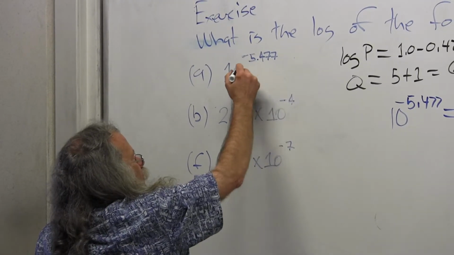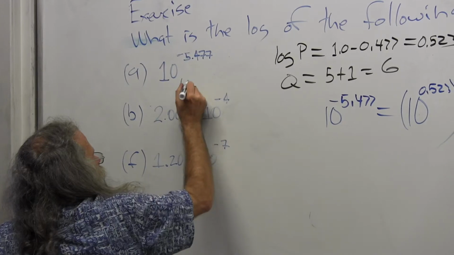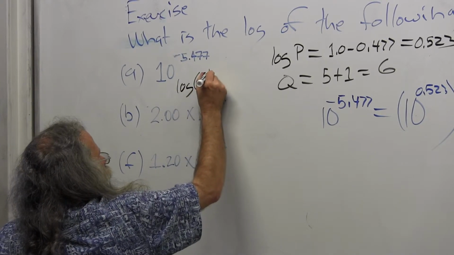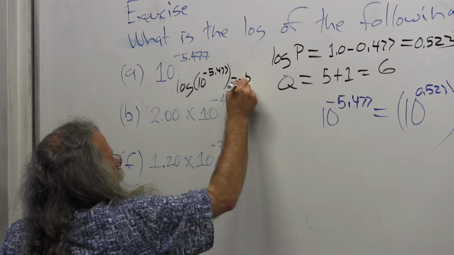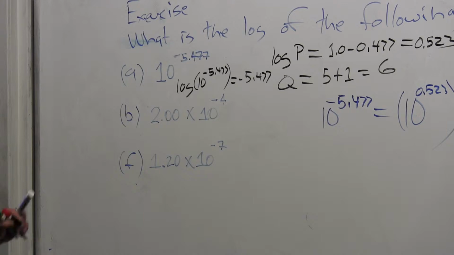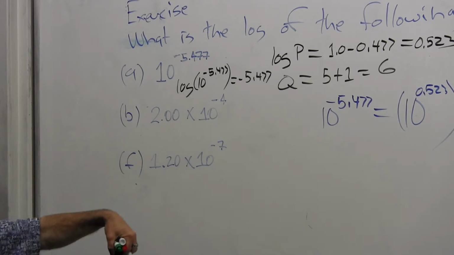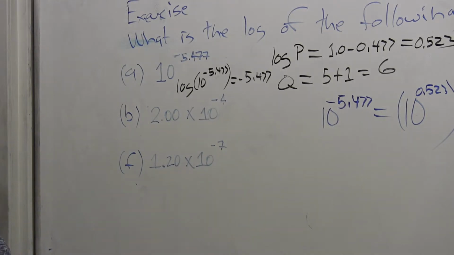The log of 10 to the minus 5.477 is equal to minus 5.477. So I'm an idiot. I just went through a lot of work on the types of problems we're going to be doing next by not recognizing that the question was, what is the log of 10 to the minus 5.477?